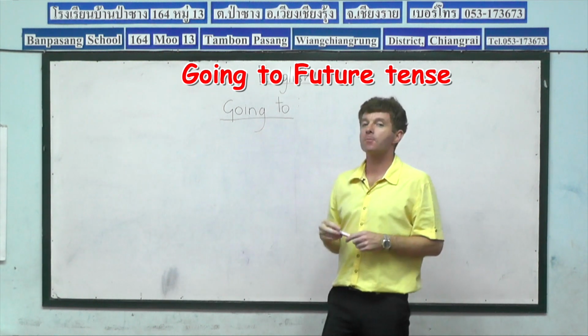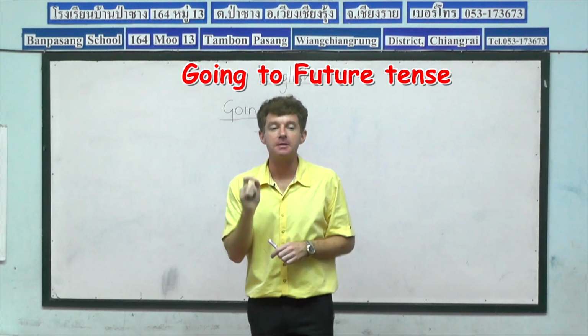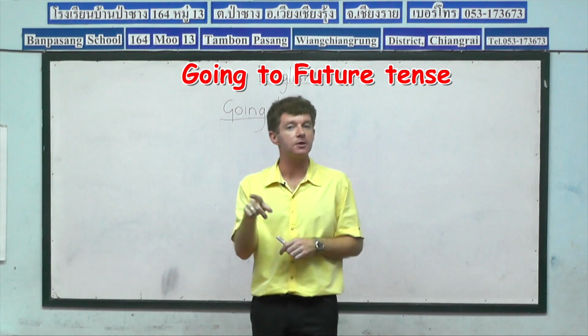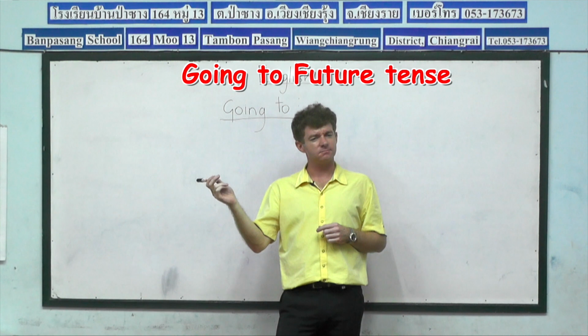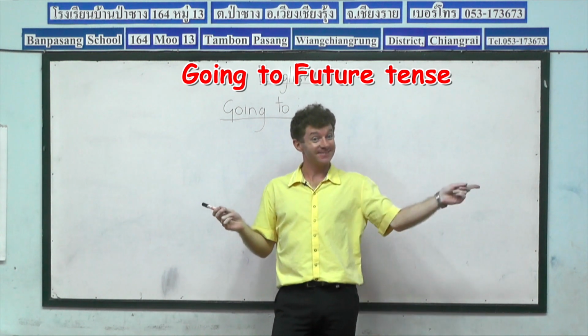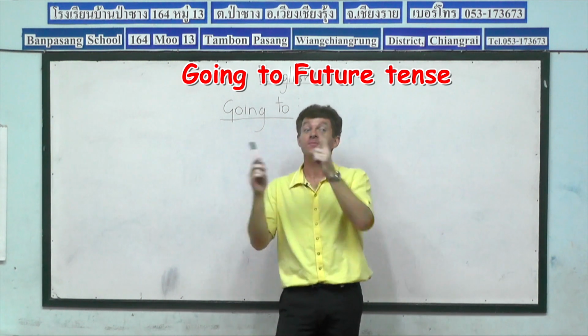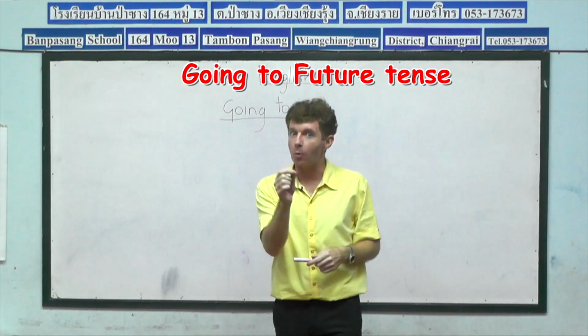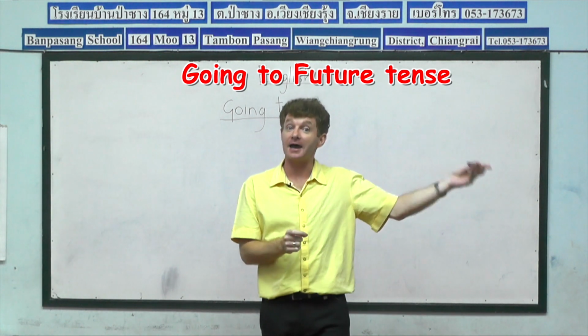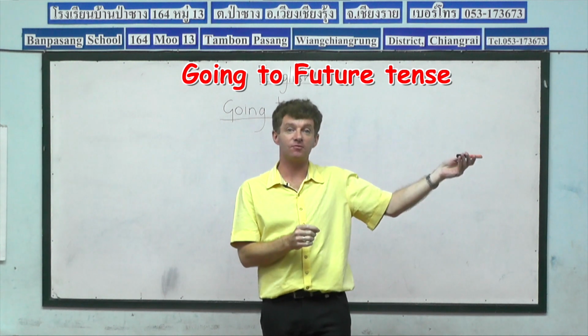And for an extra bonus point, can anybody remember what tense do we use going to with? Do we use it in the past? Present? Not the present? Past, present, future tense. Yes, we use going to with things and events that will happen in the future.